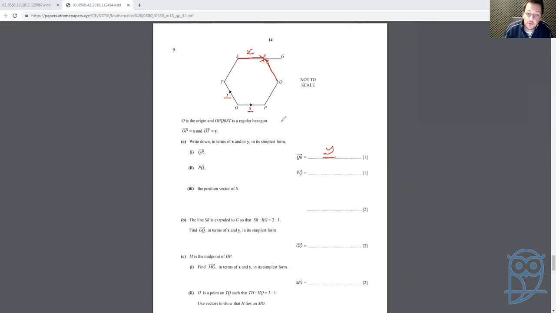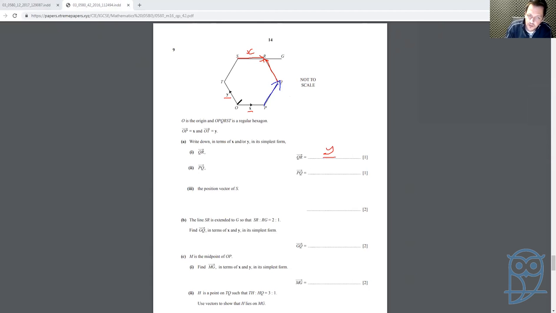So we are now looking for PQ. So that one over there, I'm going to change color. So we're looking for that vector over there. Well, that's a little bit more complicated because we don't have something in that direction. But can we make up something to get to that direction?